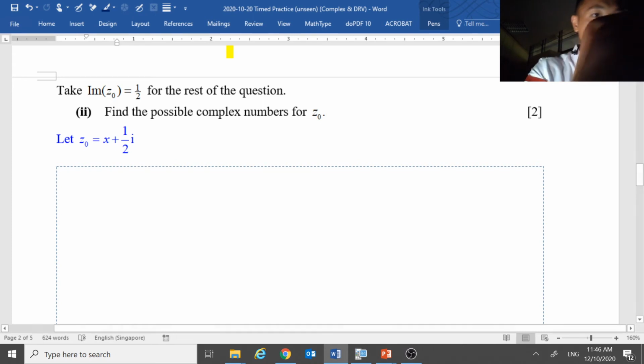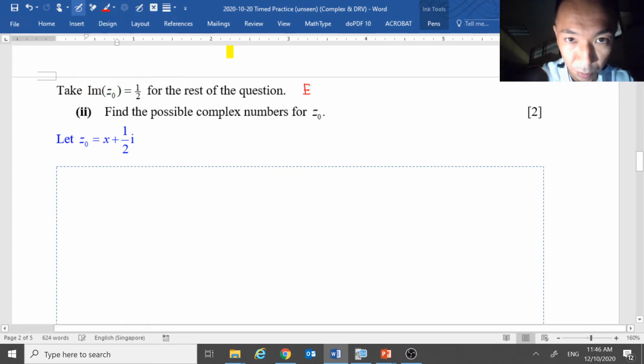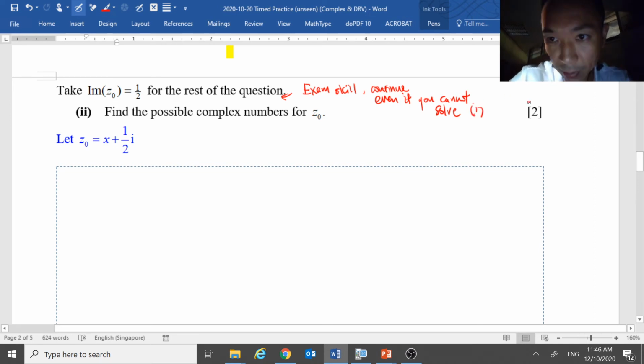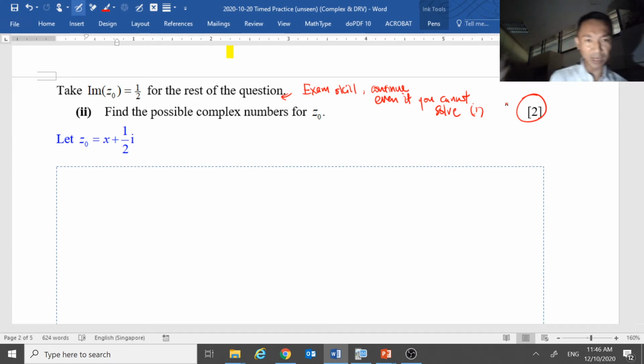Now, exam skill: you will continue even if you cannot solve part 1. This is 2 marks, you don't give up. You will continue and make use of whatever you have found in whatever there's asked for, because part 1 is really all a show question.